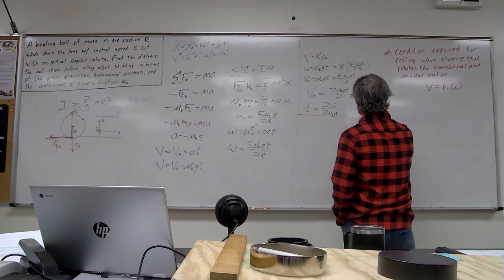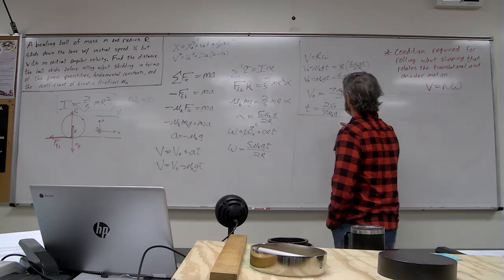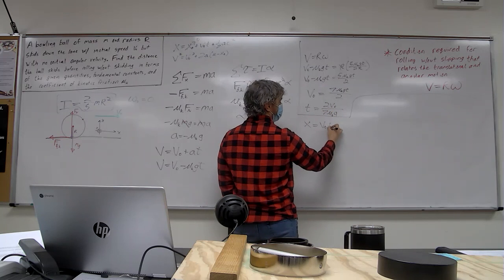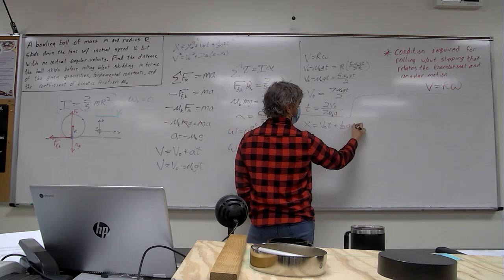Let's go ahead and write that. Final position equals initial position of 0, plus initial velocity times time, plus 1/2 the acceleration times time squared.